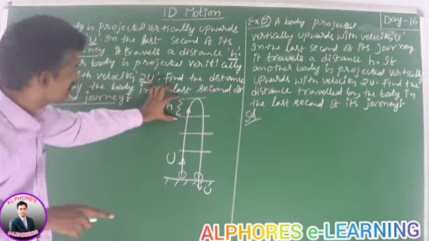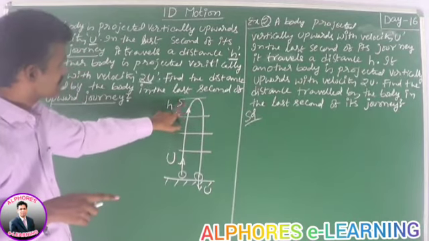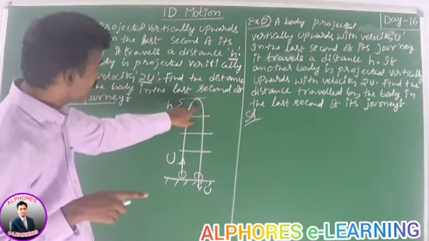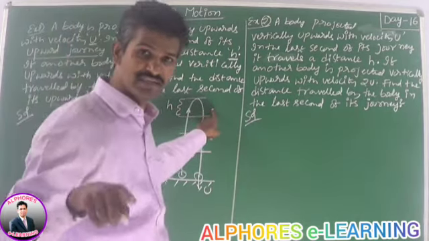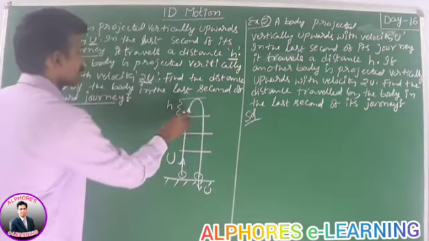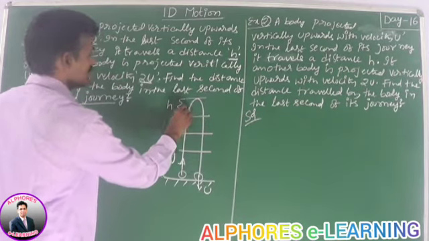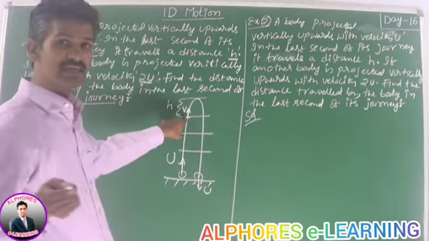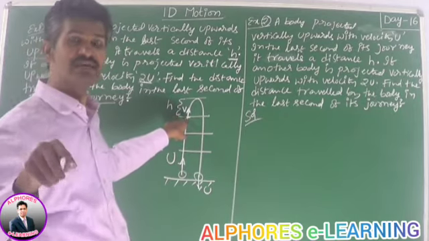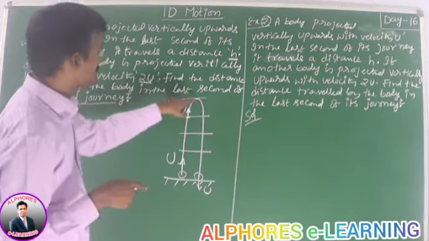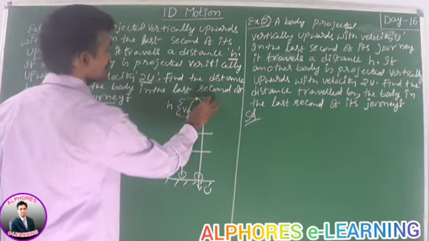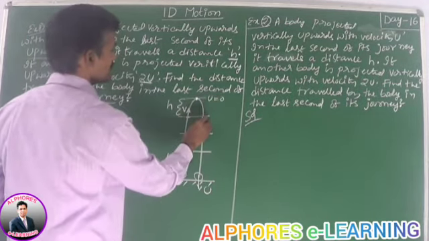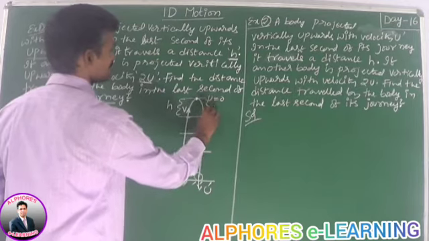Because distance traveled by the body in the last second of its upward journey is equal to distance traveled by the body in the first second of its downward journey. I don't know the velocity at the beginning of the last 1 second of the upward journey. That is why I am considering the first 1 second of the downward journey, because its initial velocity here is 0. It travels a distance, same h.